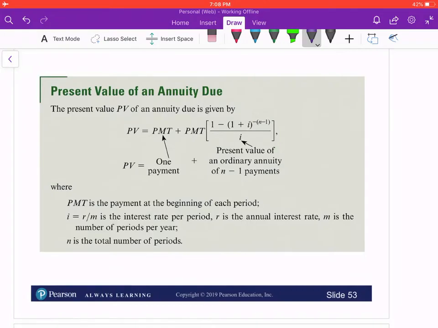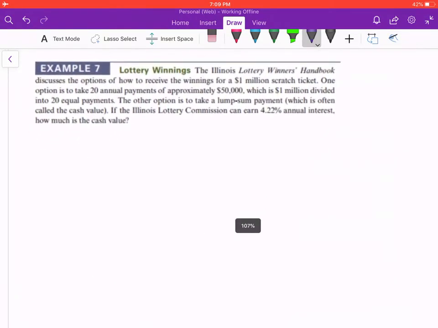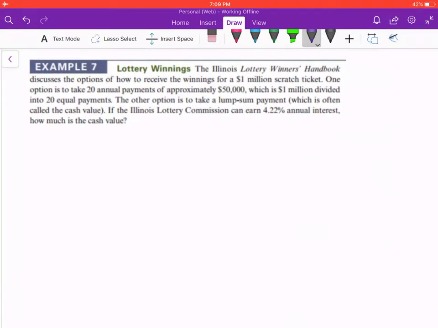For this one, we're going to be using that formula to represent the present value, but the difference here is that it will be an annuity due. So that is just like the ones from 5.3, the payment is made at the beginning of each period. Here we have a problem about the Illinois Lottery Winners Handbook.